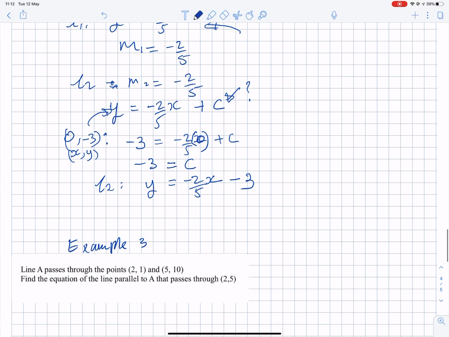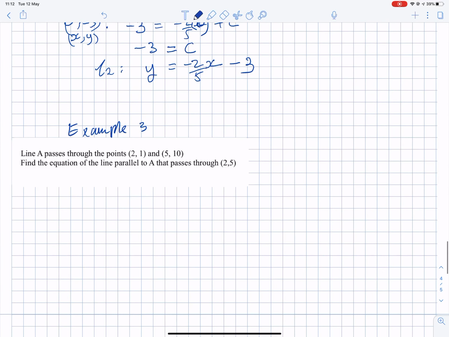Right, let's do example 3. Line A passes through the points (2, 1) and (5, 10). Find the equation of the line parallel to A that passes through (2, 5). Well, if I call line A line 1, so L1, I don't know what it is.